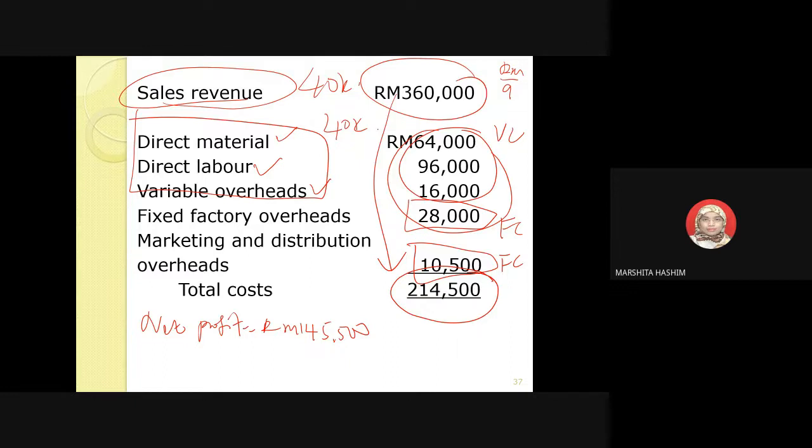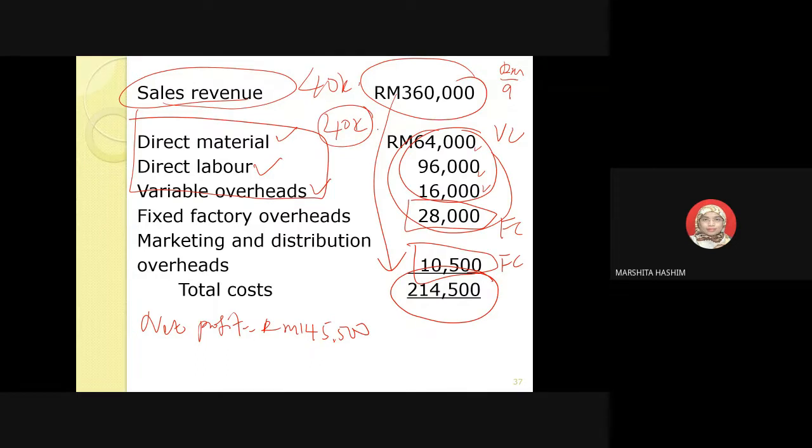And then direct material. Direct material, you can calculate one by one. That means direct material per unit, direct labor per unit, variable overhead per unit, then you total up. So you will get total variable cost for one unit. Or you can just add 64,000, 96,000 and 16,000 and then divide by 40,000 to calculate variable cost per unit.